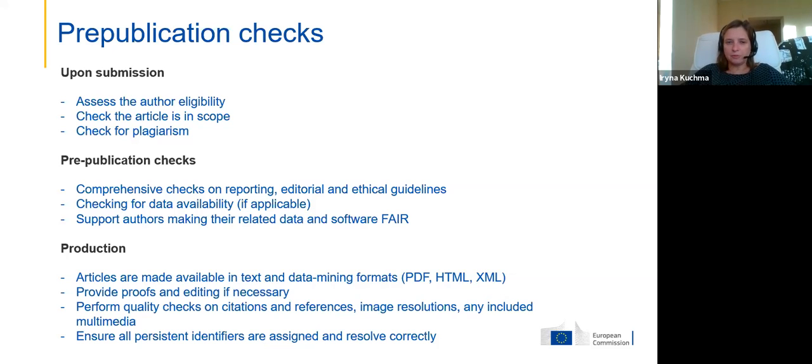They check for plagiarism, ethical and editorial guidelines. They make sure that data is available, because if data was used to write an article, data availability is a requirement. And if this article includes software, then there is also a recommendation to make that software FAIR.